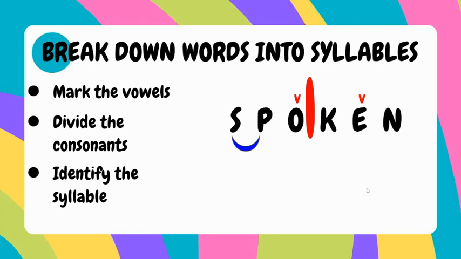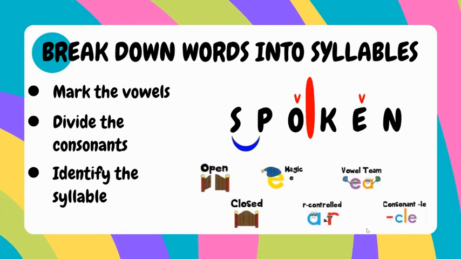So the S and the P, they go hand in hand. That being said, we have an open syllable in the front, the first half of this word. And then we have a closed syllable, the second half of the word.